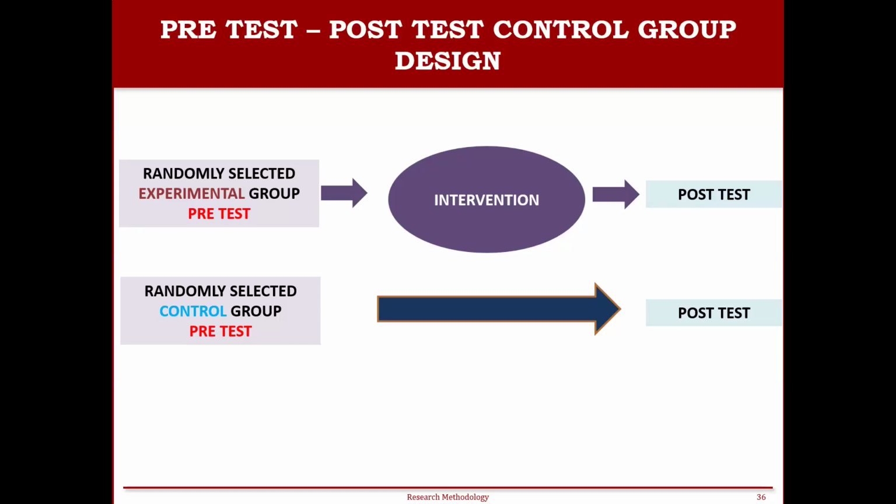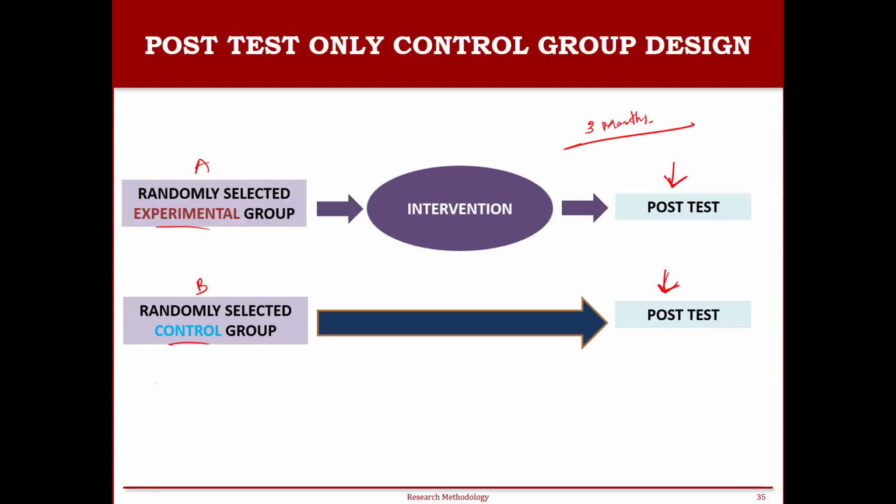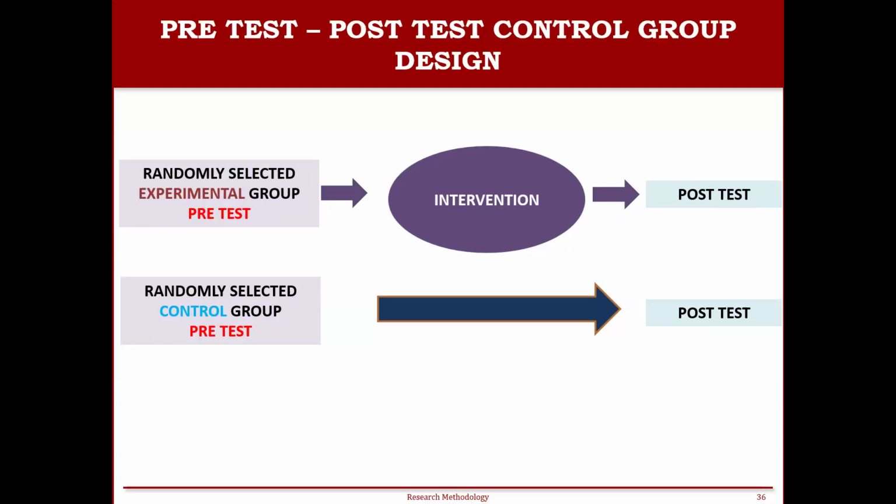In the pre-test and post-test control group design, we measure the dependent variable before and after the intervention, not only after it, referring to both the experimental group and the control group.